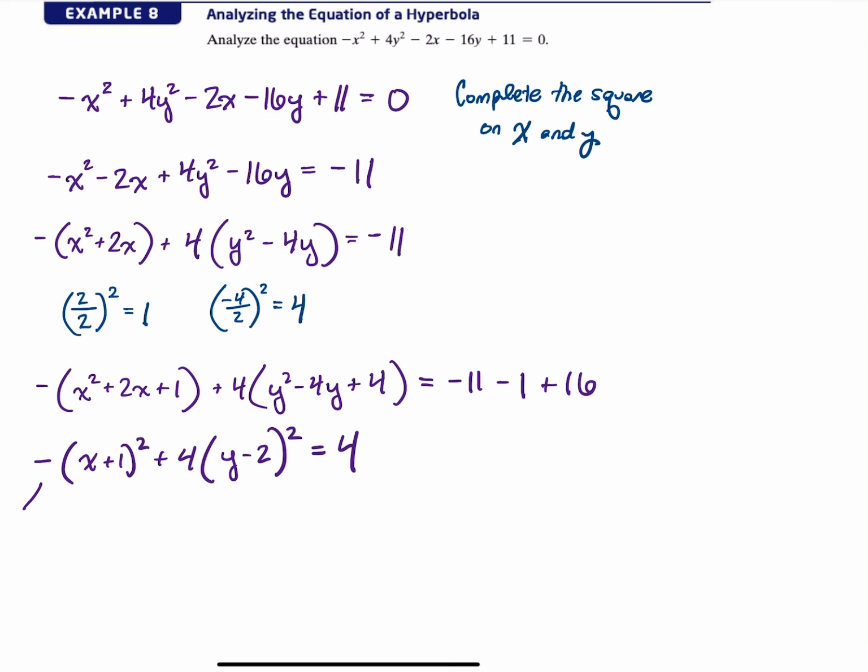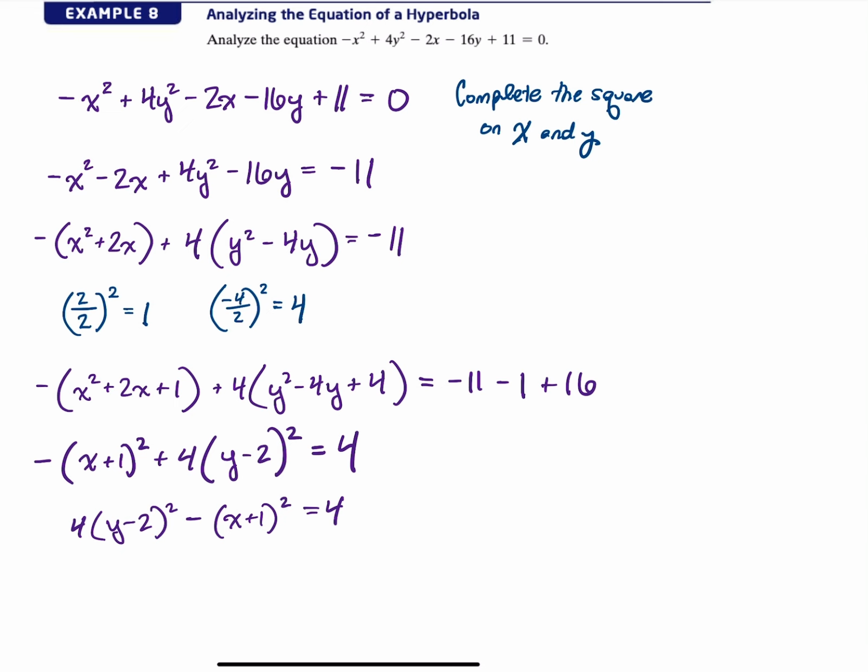Now we have this negative in front of our x terms, so let's switch the order so we have our y term minus our x term. That will be in the form of a hyperbola. So I could say 4 times y minus 2 squared minus x plus 1 squared will equal 4.